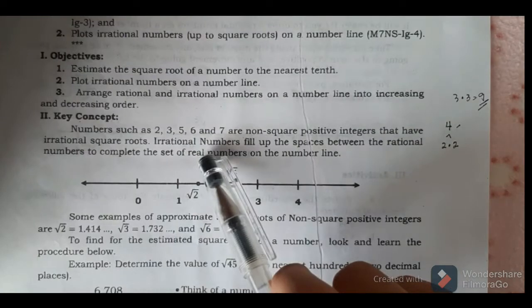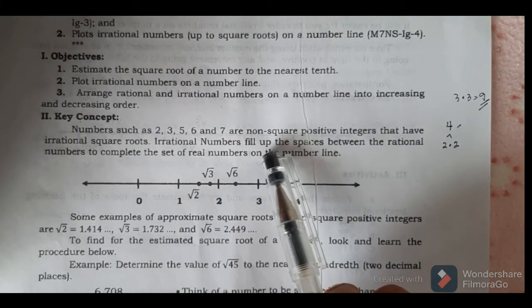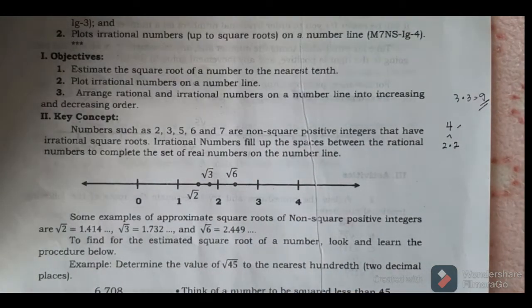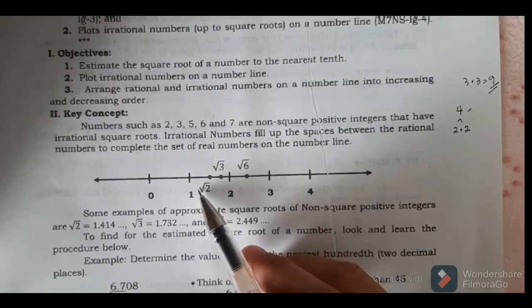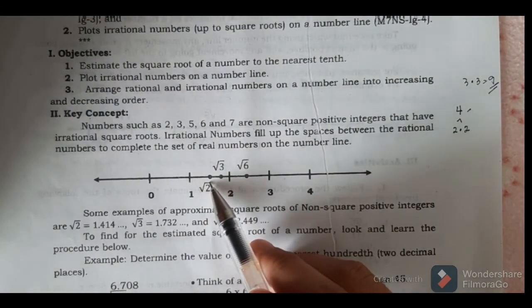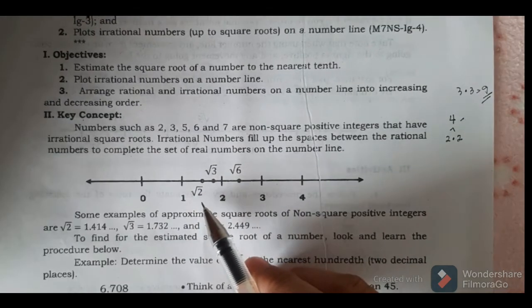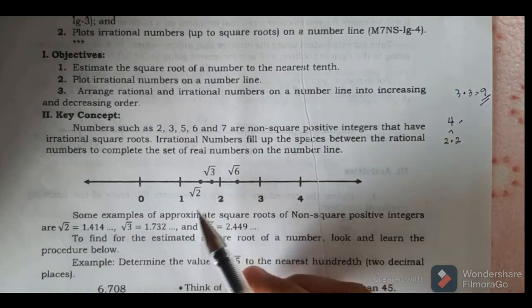But, 2, 3, 5, 6, and 7, non-square sila. Okay, kasi wala silang factors na ang factor niya is yung sarili niya. Okay. So, kapag yun, nilagyan natin ng square root symbol or radical, ayan, the radical sign, just like this, finding the square root of a number, so they are non-square.